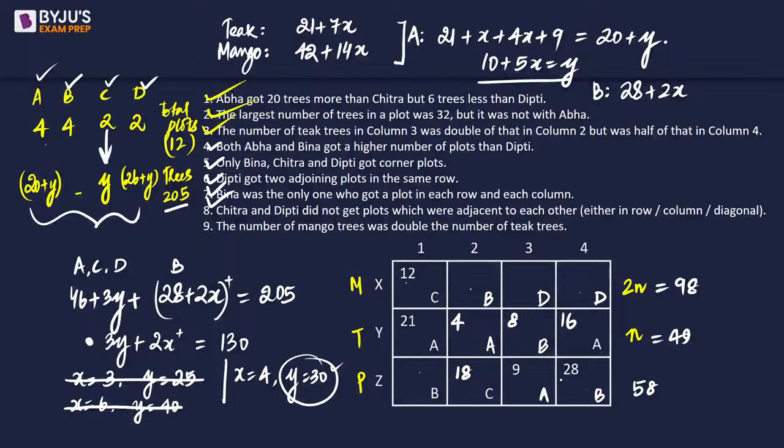58 may say 28 plus 18 is 40, 50, 30, 46, 46 plus 9, 55. So this should be 3, right?